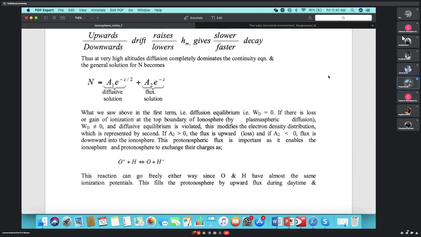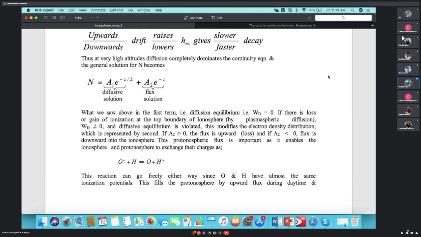So within the ionosphere, we have D region, we have E, F1, F2, and in F1 and F2, the processes are similar, though not exactly similar, because F1 is much lower compared to F2.